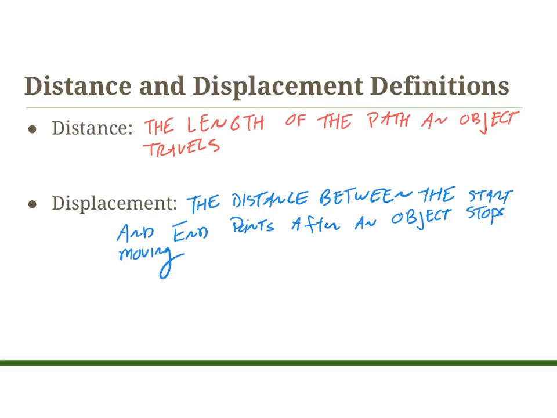So, for example, if I said this was my starting point and this was my end point, and I decided that I was going to travel 1 unit this way, and then eventually 1 unit this way, and then eventually 1 unit this way, I could say that my distance traveled is equal to 3 units.